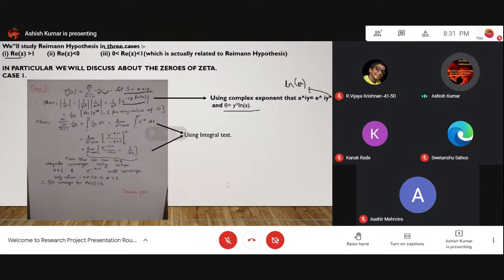And theta is y times the natural log of a. As the modulus of e raised to the power i theta is 1 for any value of theta, this can be written as 1 over n to the power x.